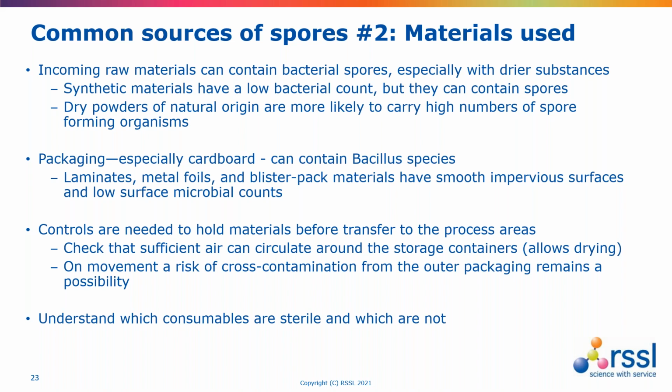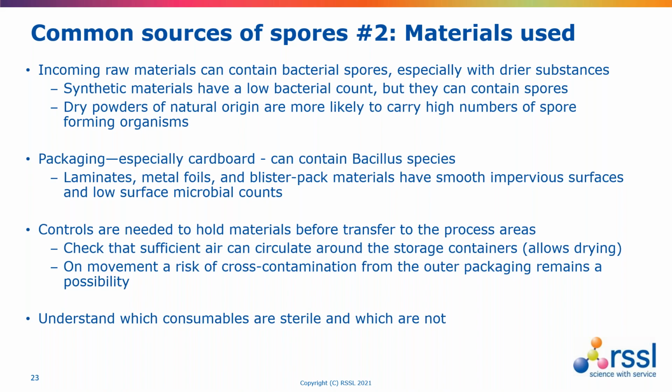For that initial holding stage, it's important that air can circulate, and if packaging is damp, that there's a drying period before those materials are transferred to the next stage, because there are particular risks of cross-contamination from outer packaging to inner packaging.